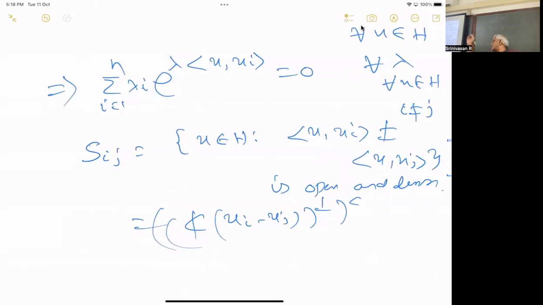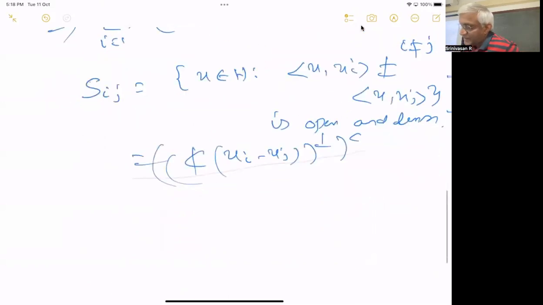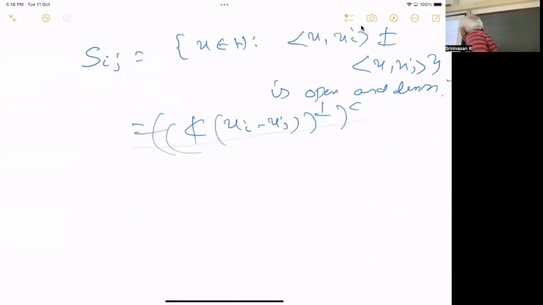That perp is one dimension removed. It is just the complement of that. For example, if you take any closed subspace, a proper closed subspace of any Hilbert space, then the complement is nowhere dense.